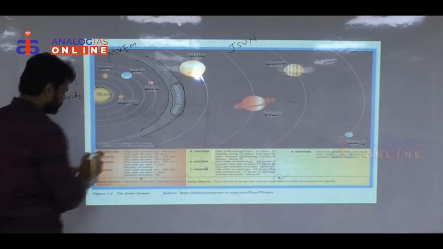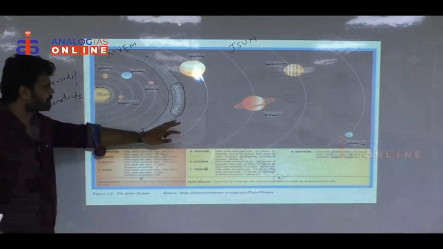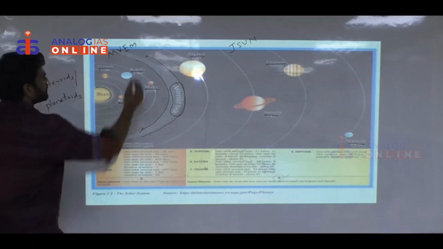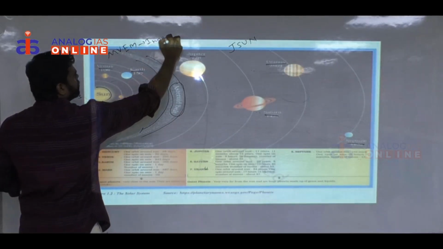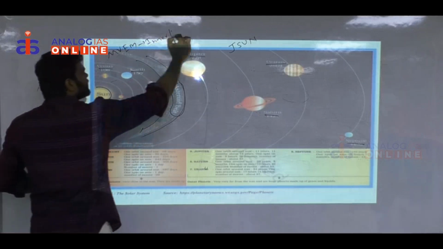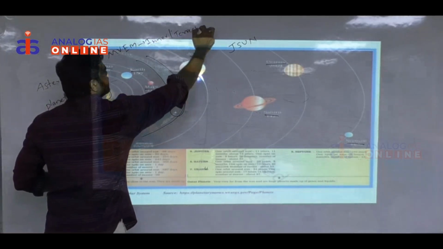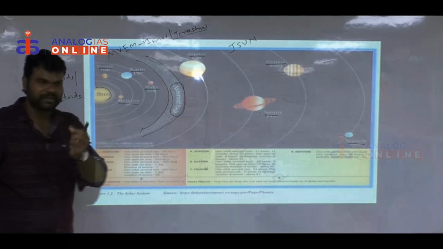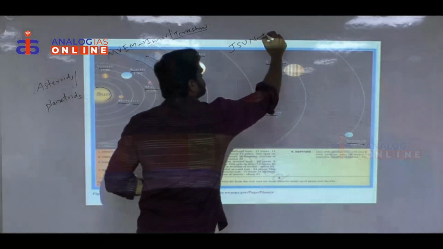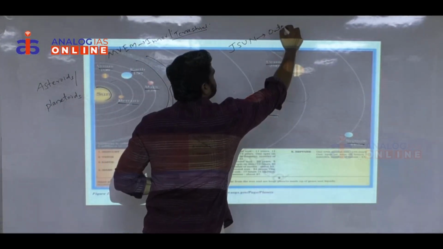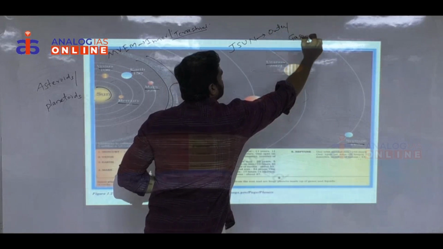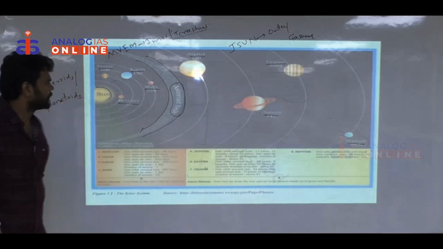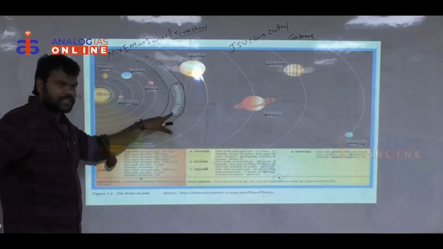Here, the important statement was a previous question. MVEM are referred to as inner planets or terrestrial planets. Terrestrial, always remember, means solid or land surface. JSUN are called outer planets or gaseous planets, because of the gaseous surface there. Between the both you have the asteroid belt.